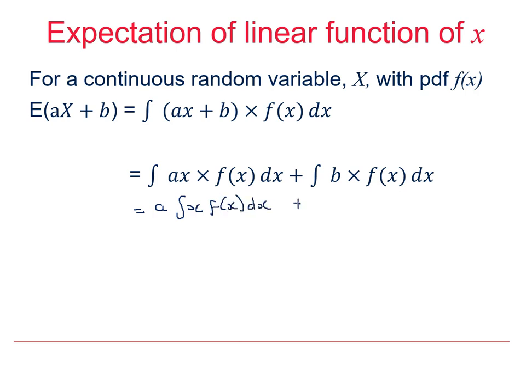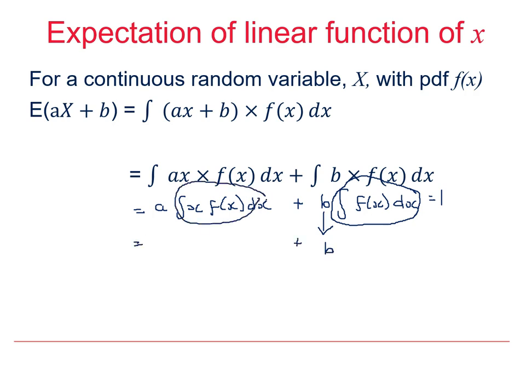And then we can add these two integrals separately, and we can write that as b multiplied by the integral of f(x). And you should recall from when we looked at PDFs at the very beginning, the integral of a PDF over the whole range possible is always 1. So this simply gives us b, and you should recognize this as E of x. So just as we discovered when we looked at discrete random variables, for a continuous random variable the expectation of ax plus b is a multiplied by the expected value of x, plus b.